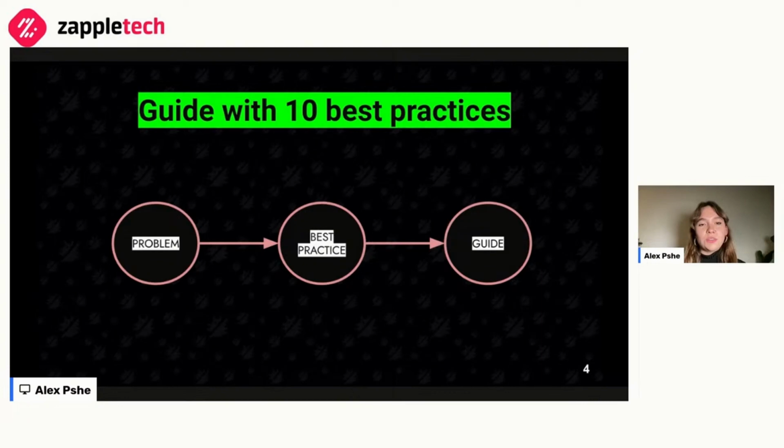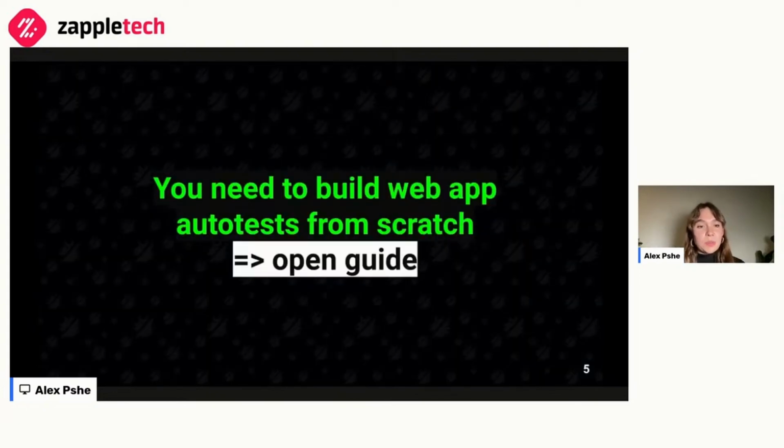I try to prepare real advice, not very general advice, but real steps for what you need to do in your particular project to start today. So if you need to build web application auto tests from scratch, you just open this guide and follow it. And I hope you are ready. So let's start.